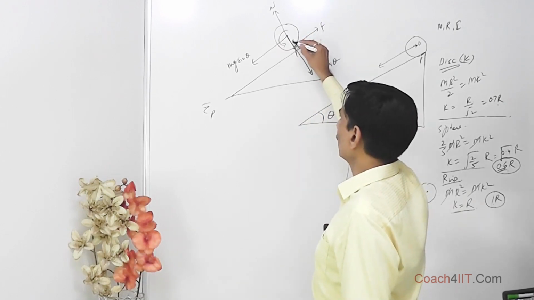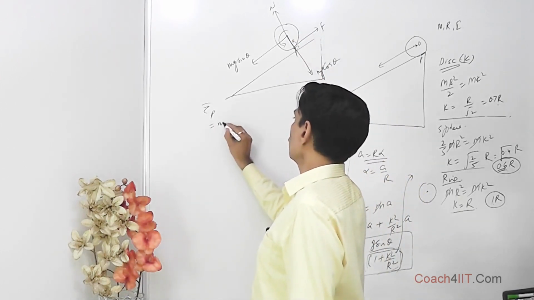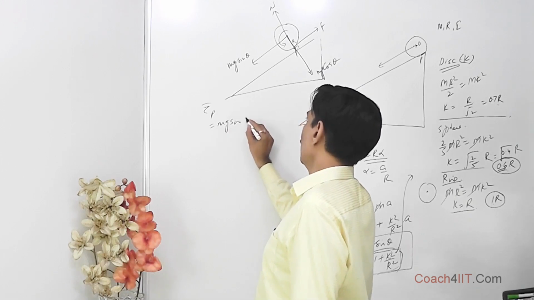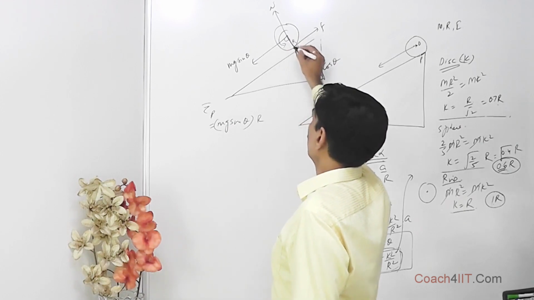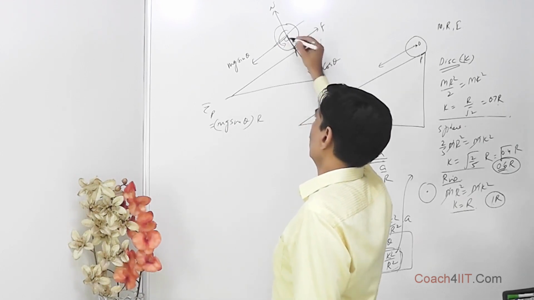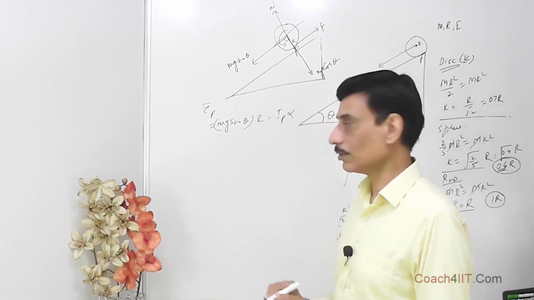If this is R, the torque of mg sin theta about P is equal to mg sin theta into R, force into the perpendicular distance between the line of force and the axis, that is R, which is equal to I about P into alpha, right?